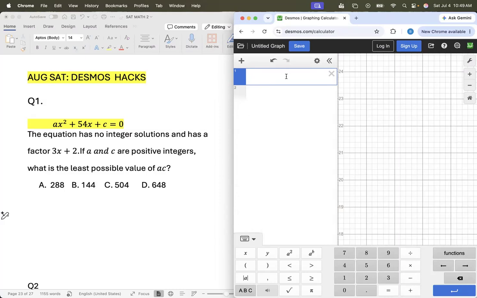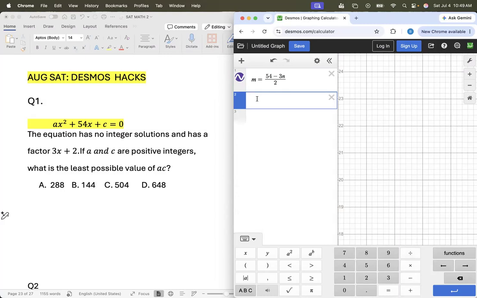So what are we going to do? We're going to tell Desmos that our m is (54 minus 3n) over 2, right? But what is the problem? If you multiply them together, remember, A is 3m and C is 2n based on our factorization.